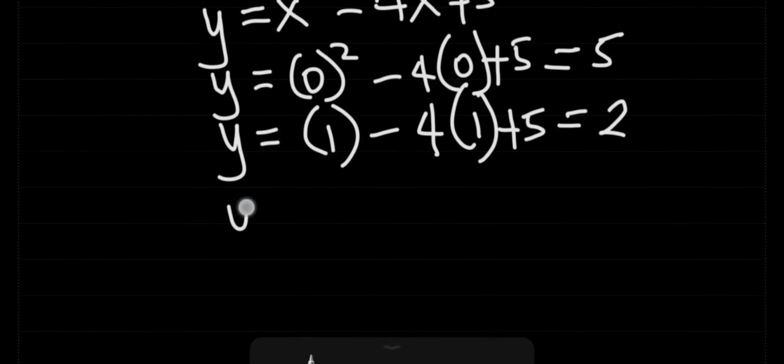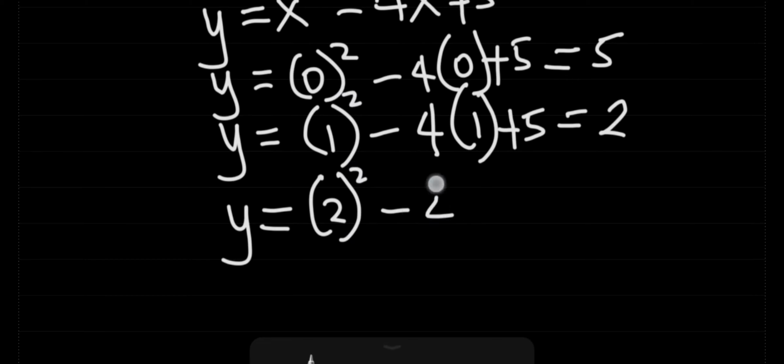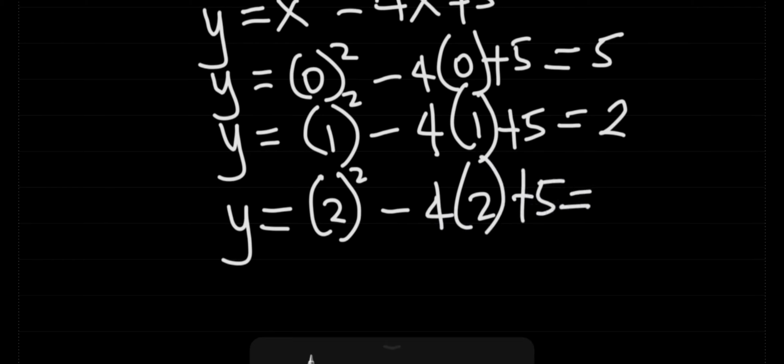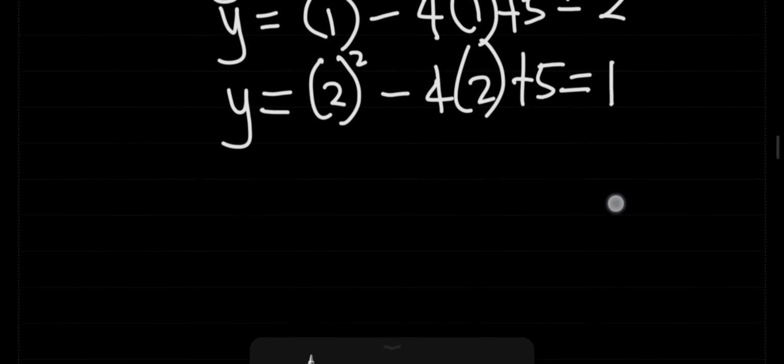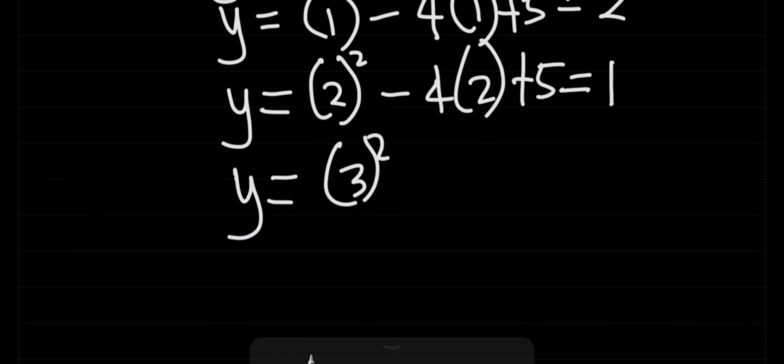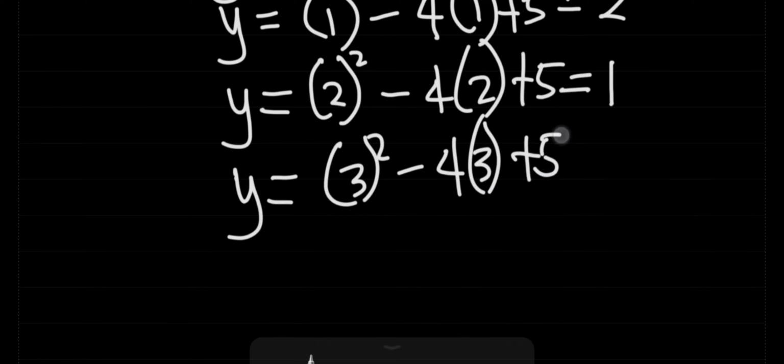Then we will replace x with 2: 2 squared minus 4 times 2 plus 5 is equal to 1. And we will replace x with 3: 3 squared minus 4 times 3 plus 5.